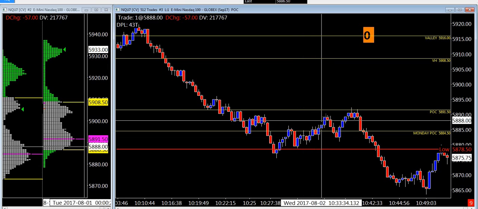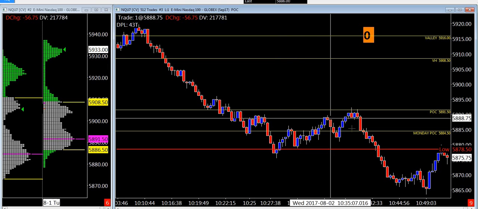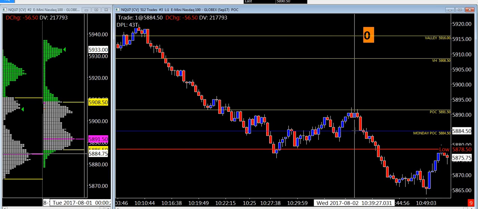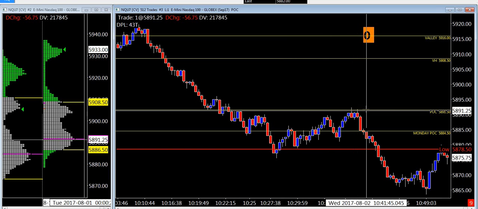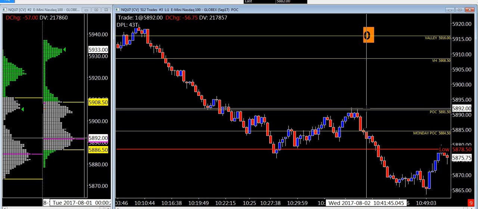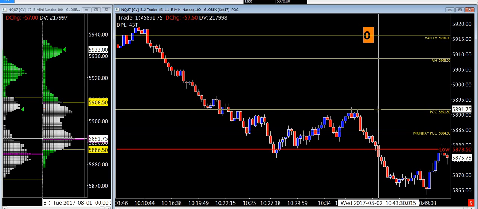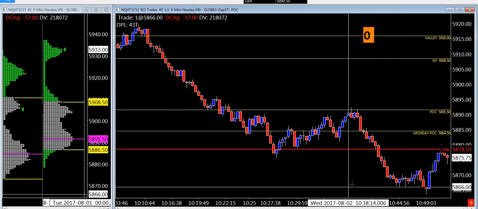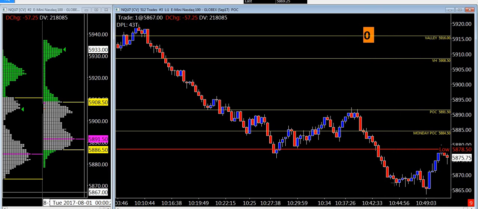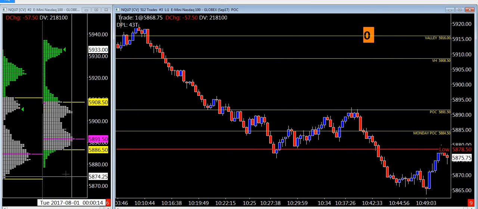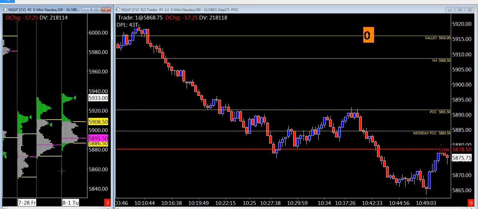And then once this 1-2-3 gets taken out, you can take the pullback right to there, and it would have put you in the hole 14, but you didn't get taken out, and you would have made 28 ticks. Then you come back up to here again, which is the logical level, the point of control, and that's where it finds. Now when you get on the extremes the other way, you need more data.